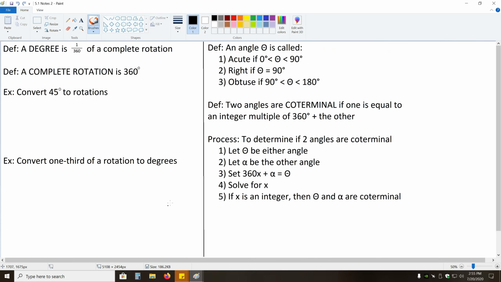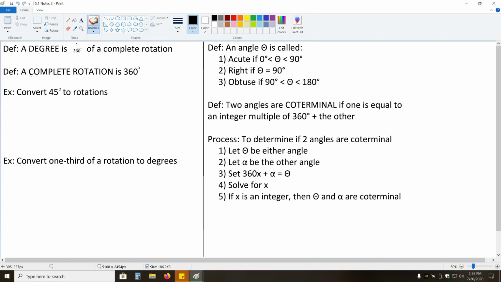Okay, so continuing on from here, we now note the definition of a degree. In this section, we'll be talking about the 3 ways that we could classify an angle. The first way is the degree, which we say is 1/360th of a complete rotation.